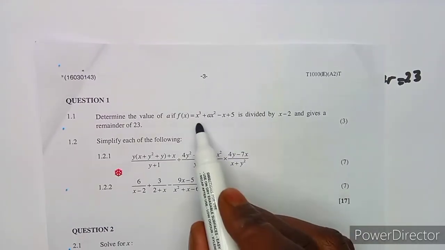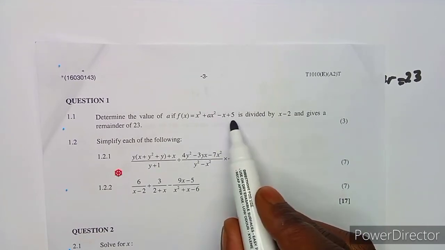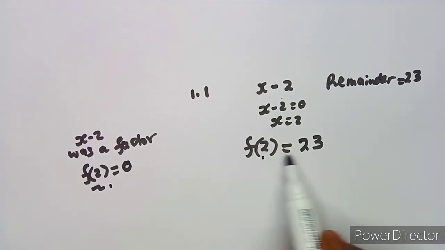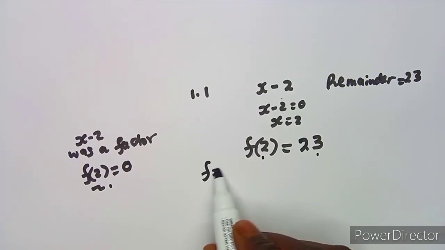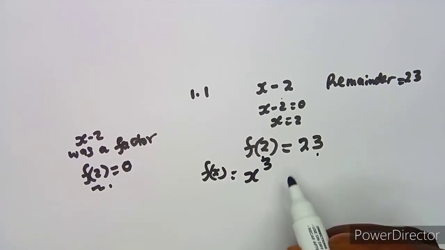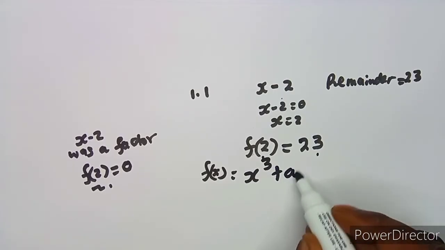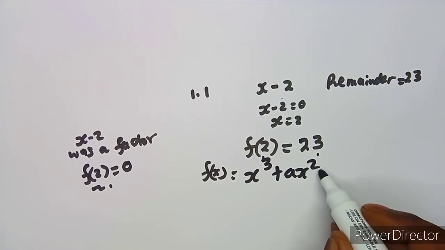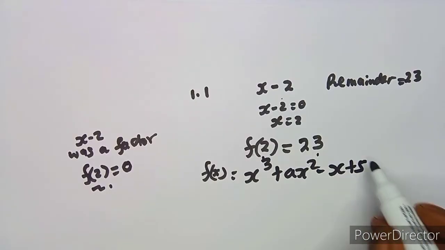So what we are going to simply do is substitute 2 in place of x in our f of x, then we equate to 23, because we are given that f of x is equal to x to the exponent of 3 plus ax squared minus x plus 5. This is our f of x.